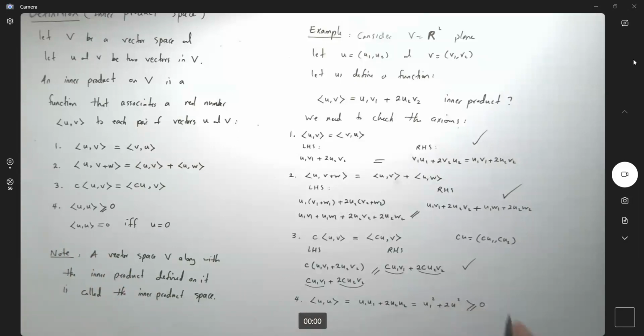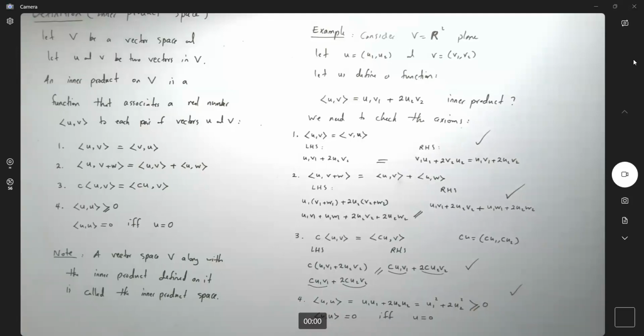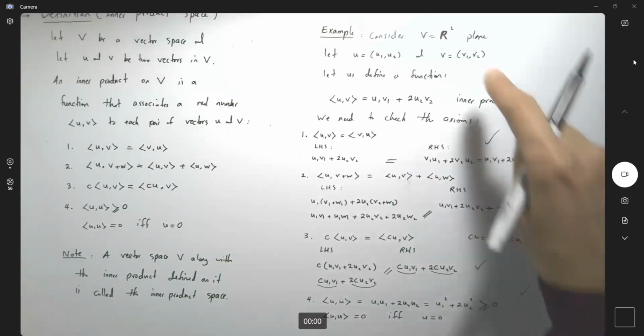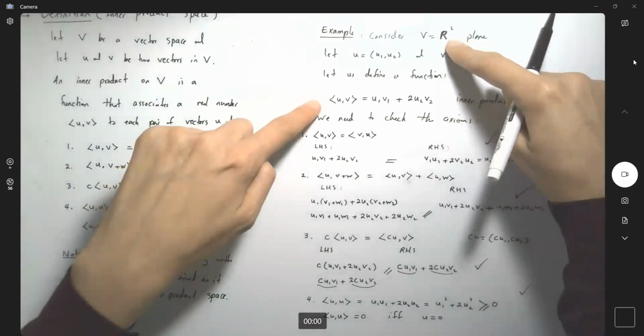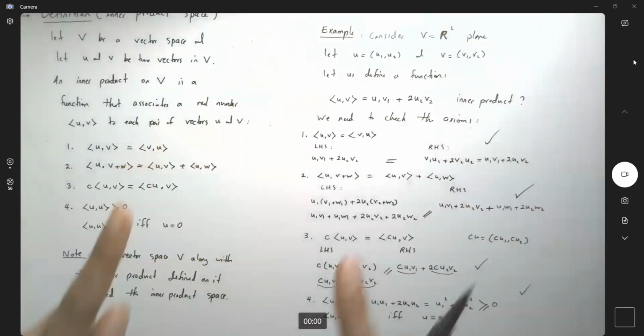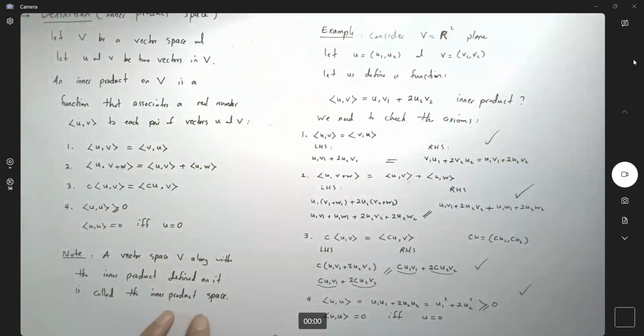It is 0 if and only if the coordinates of U are 0. So we just showed that these 4 axioms are all met. So the plane, along with this function that we just defined, forms an inner product space.